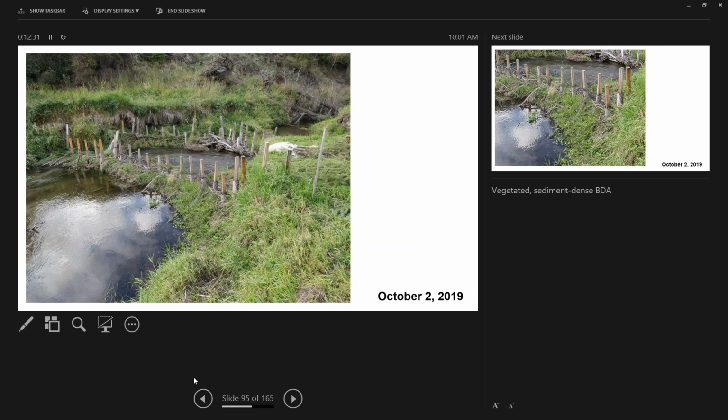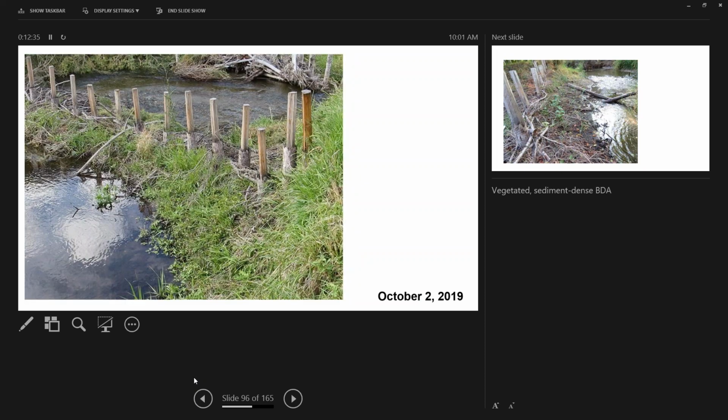I think I've got a zoomed-in one for you in a second. It starts to vegetate, it's full of sediment. Now guess what, I get to go out there and put live stakes in there, willow, right? And turn it into a living BDA. I'm so excited. I always had hoped that the willow wickerweed would sprout and that it would become a living BDA. And actually the red osier dogwood was more apt to sprout, and I had a couple where that happened.